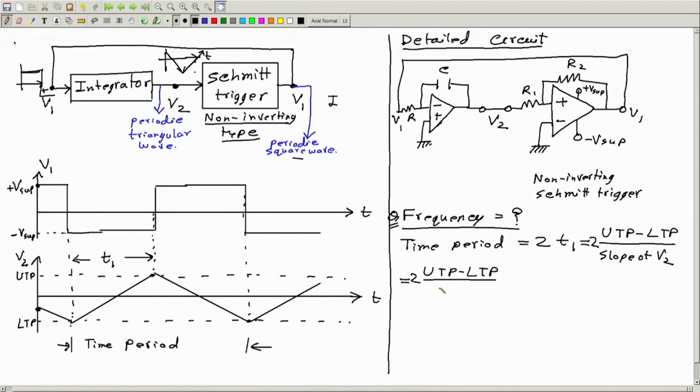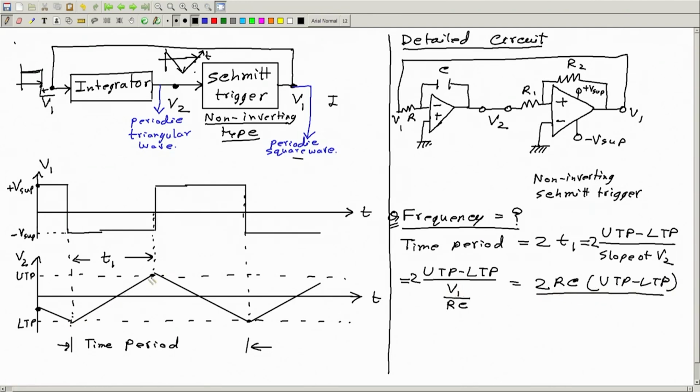Okay, so this will be V1 by RC. So let's write this as 2RC (UTP minus LTP) divided by V1. Now how much is V1?